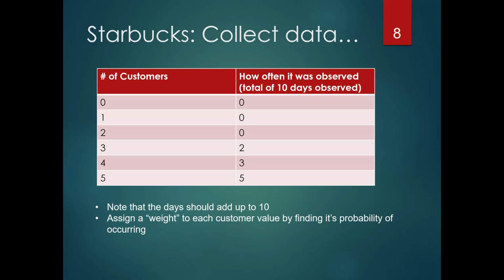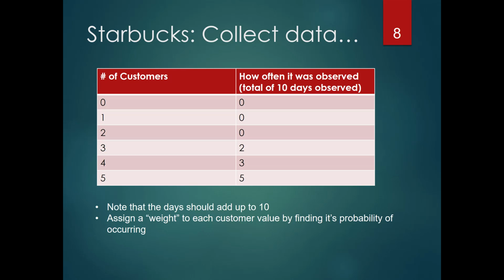These are the different values that X could have. So 0 customers, 1, 2, 3, 4, and 5 customers. And then how often it was observed, with the total being 10 observed days. Notice those numbers have to equal 10 because I had 10 observations. You want to assign a weight to each customer count depending on how probable it was.